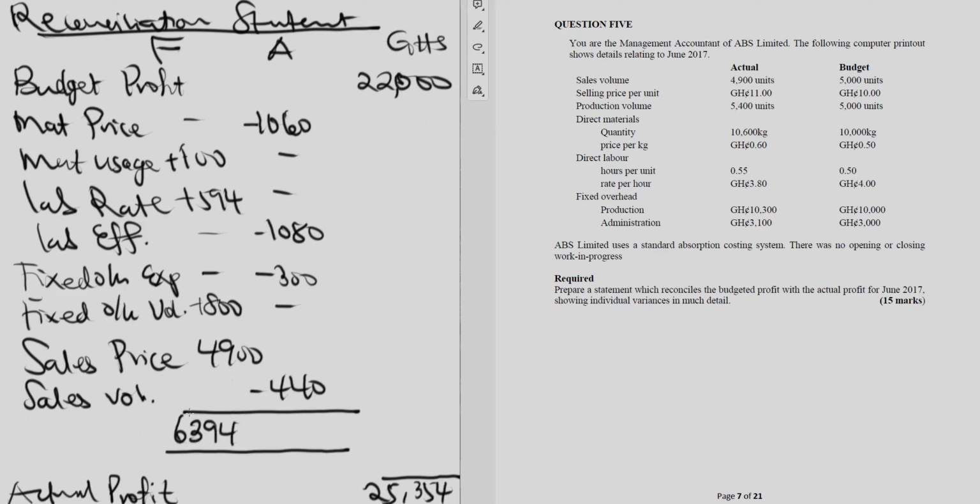And you take the negatives too, which is 1,060 plus 1,080 plus 300 plus 440. That gives you 2,880 negative. So you're actually saying 6,394 minus 2,880.